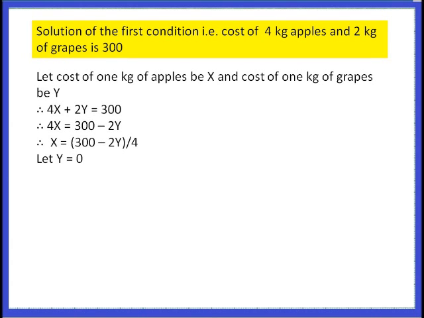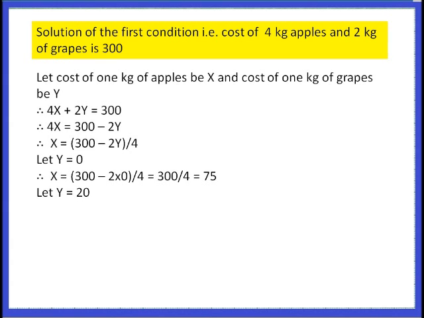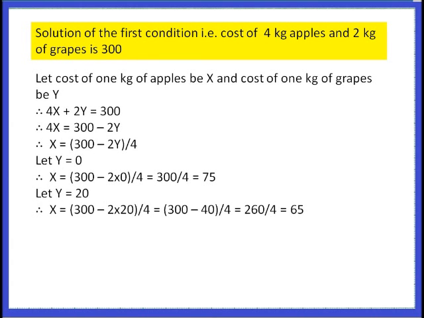Let y is equal to 0. Therefore, x is equal to (300 minus 2 into 0) divided by 4, that is equal to 300 upon 4, which is 75. Let y is equal to 20. Therefore, x is equal to (300 minus 2 into 20) divided by 4, that is 300 minus 40 upon 4, that is 260 upon 4, that is 65.